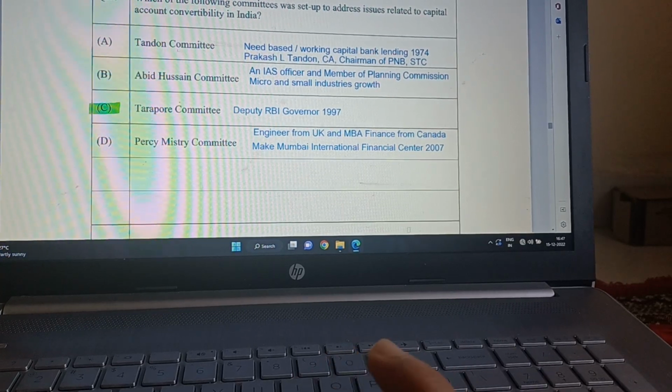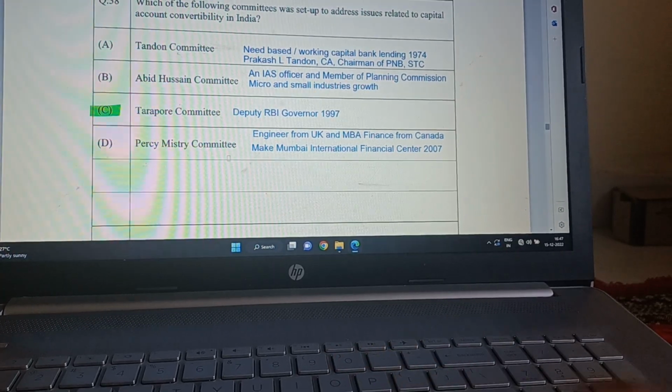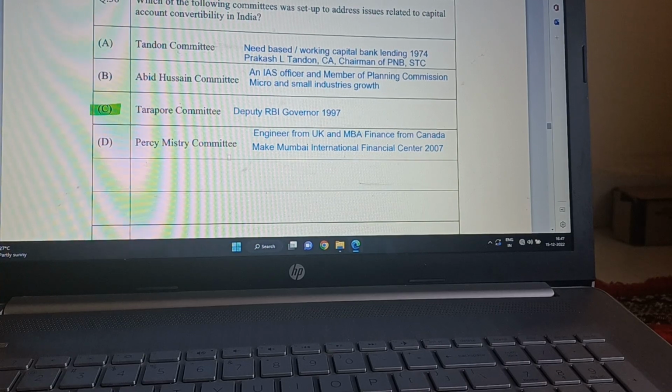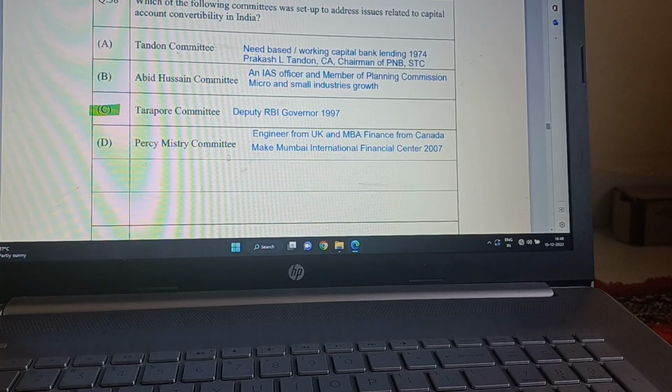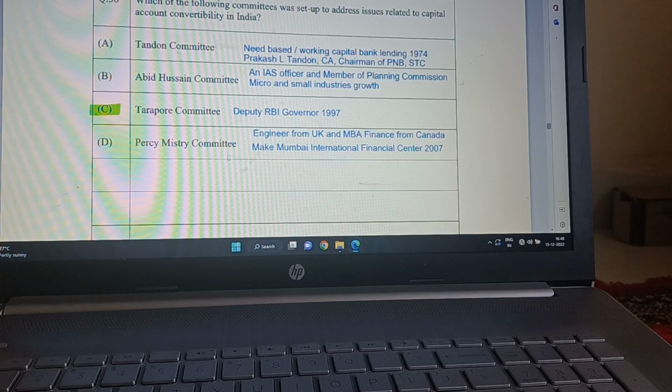And then D is Percy Mistry Committee. It was done by P. Chidambaram, who was the finance minister under Manmohan Singh government, and he is still alive and in London. He is an engineer from UK, bachelor's in engineering like you all, and MBA finance.